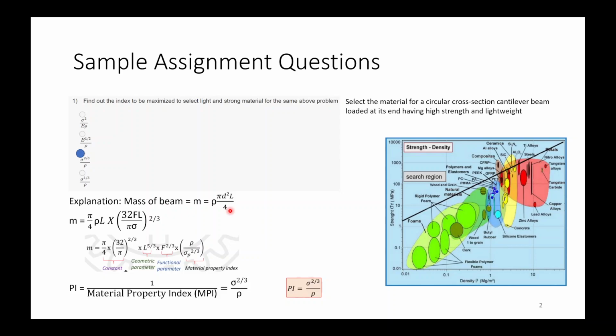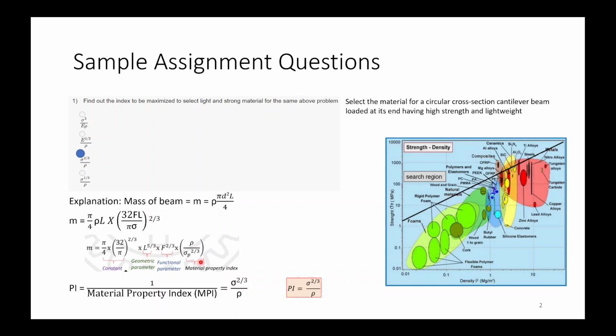Now for mass, we can write d in terms of 32 FL upon pi sigma. Now this equation comes from your bending, your moment of inertia, which we'll be studying in the lecture slides. From this we'll get this formula, then we'll segregate it in terms of constants, geometric parameters, and functional parameters, in terms of material property index.